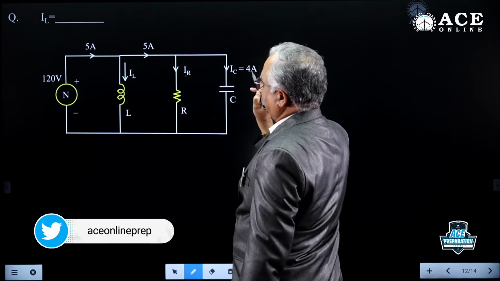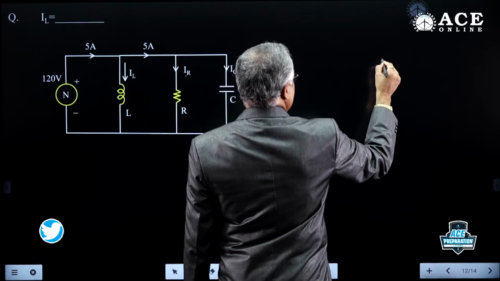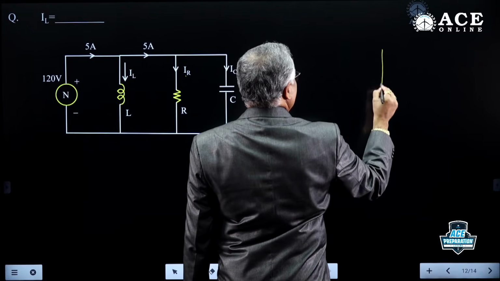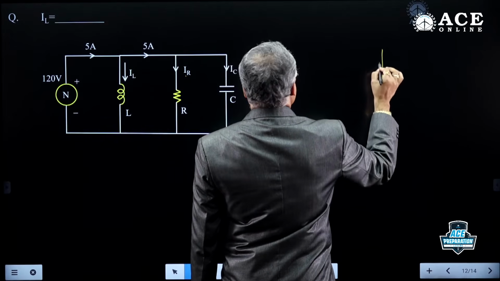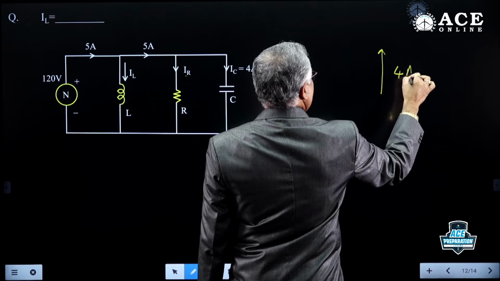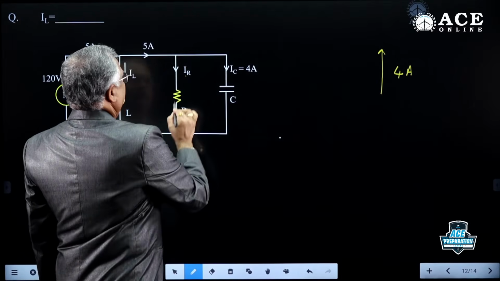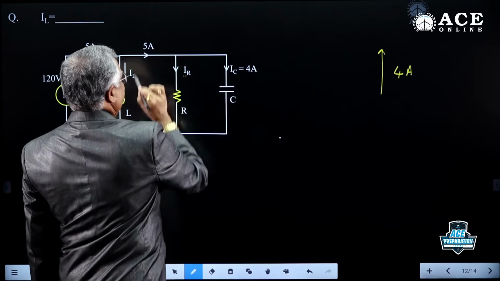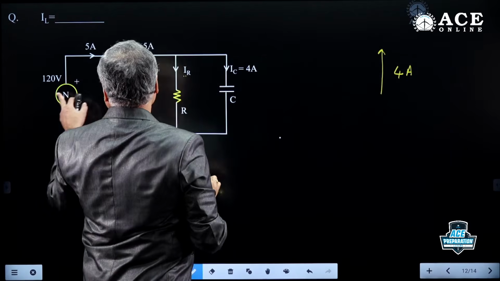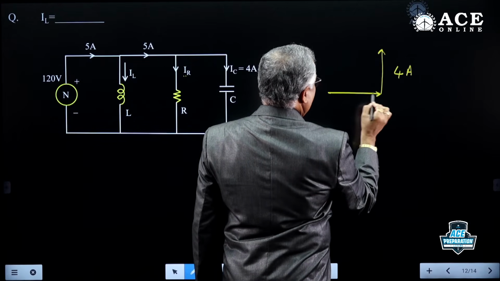Pure capacitor current leads voltage by 90 degrees. So what is this current given? 4 amps. And IR plus IC is 5, but IR current is in phase with applied voltage.